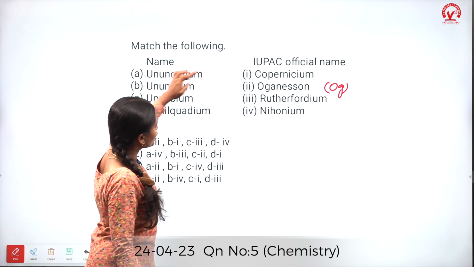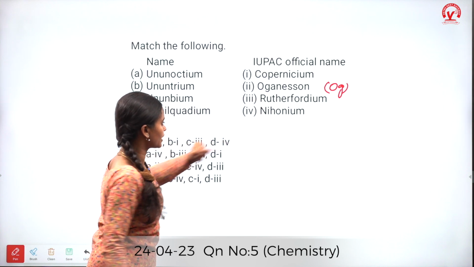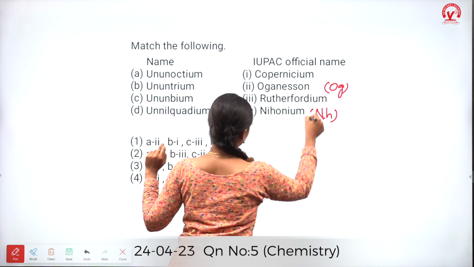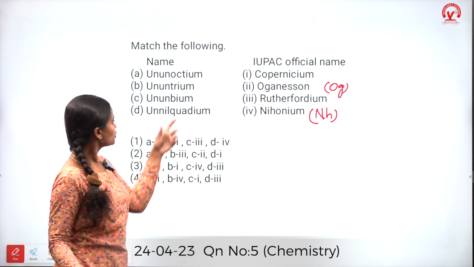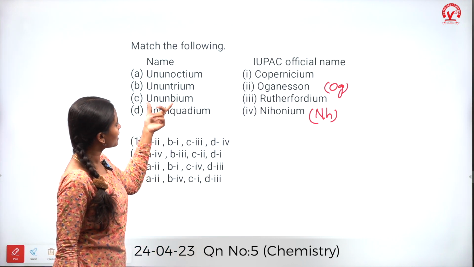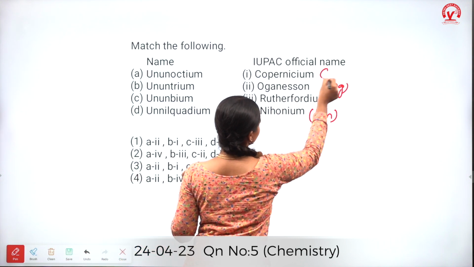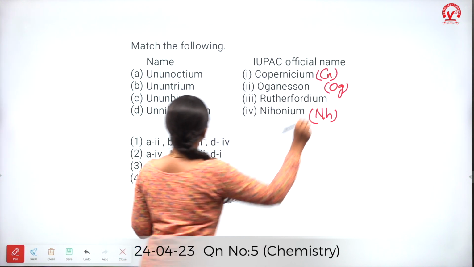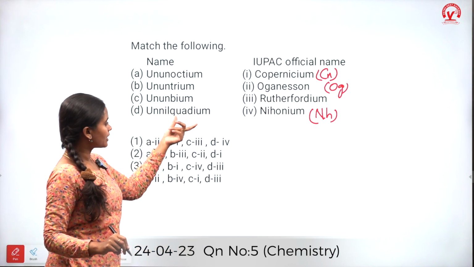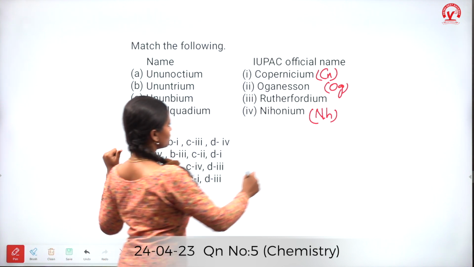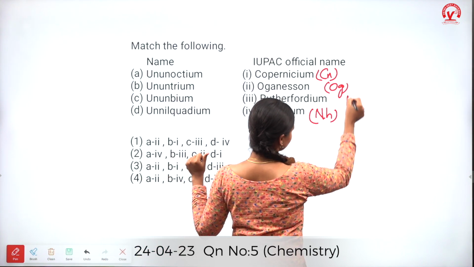Its official IUPAC name is nihonium, which is represented as Nh. Then the third one is ununbium. Its official IUPAC name is copernicium, Cn. Then the fourth one is ununquadium, whose IUPAC name is rutherfordium, represented as Rf.